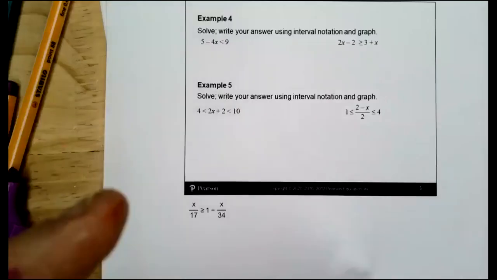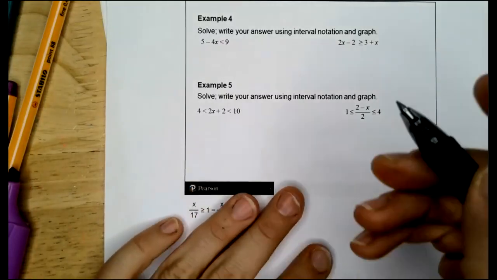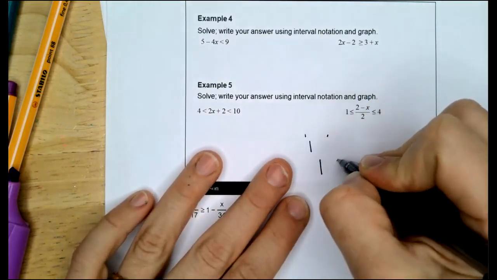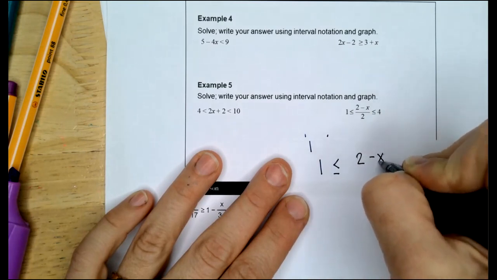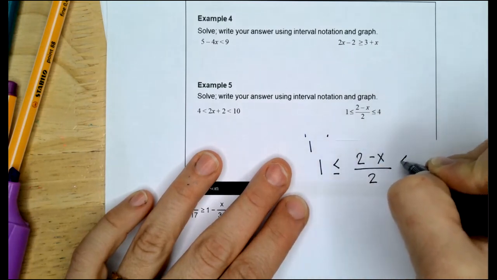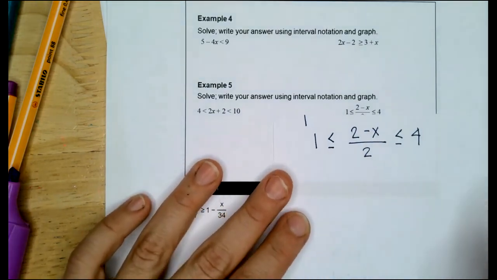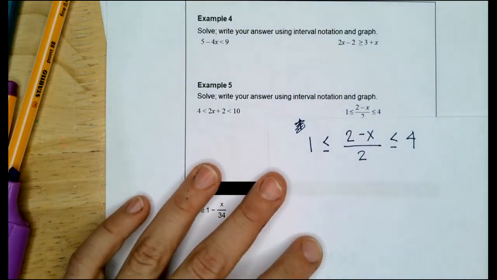Next, 1 is less than or equal to 2 minus x over 2, which is less than or equal to 4. Good.